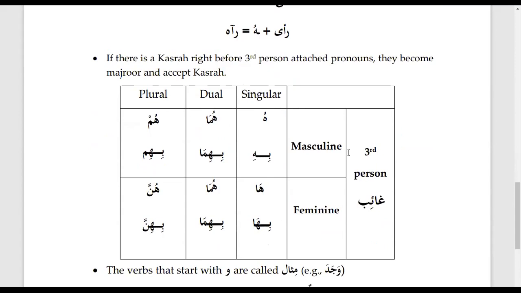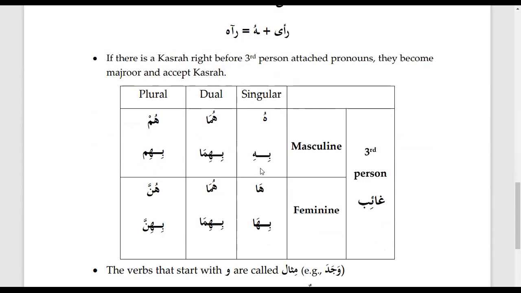Okay, third person pronouns, the attached pronouns. You remember that the attached pronouns for the third person are hu, huma, hum, right? And for the feminine, they are ha, huma, hunna. If you remember, I sent you a file, but I couldn't find it.